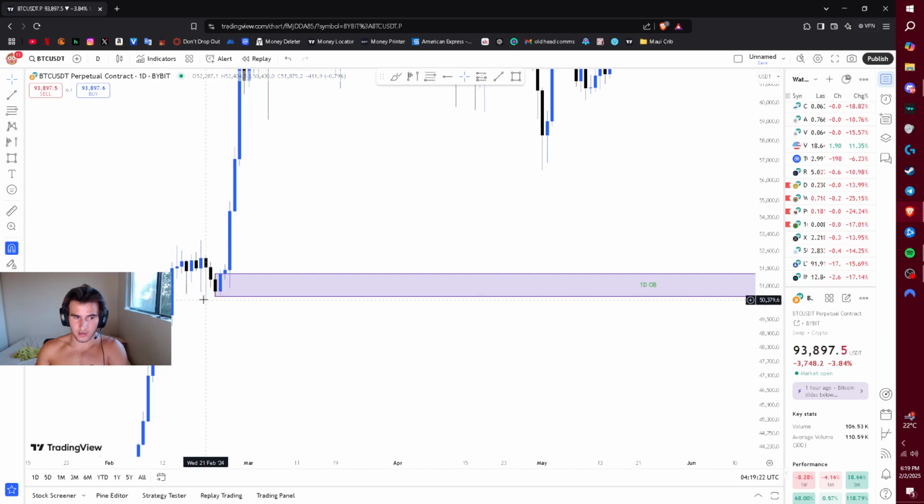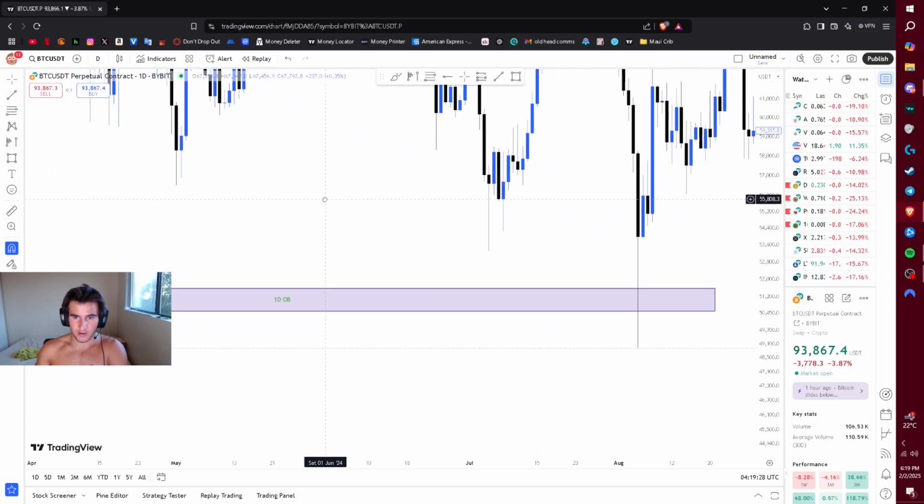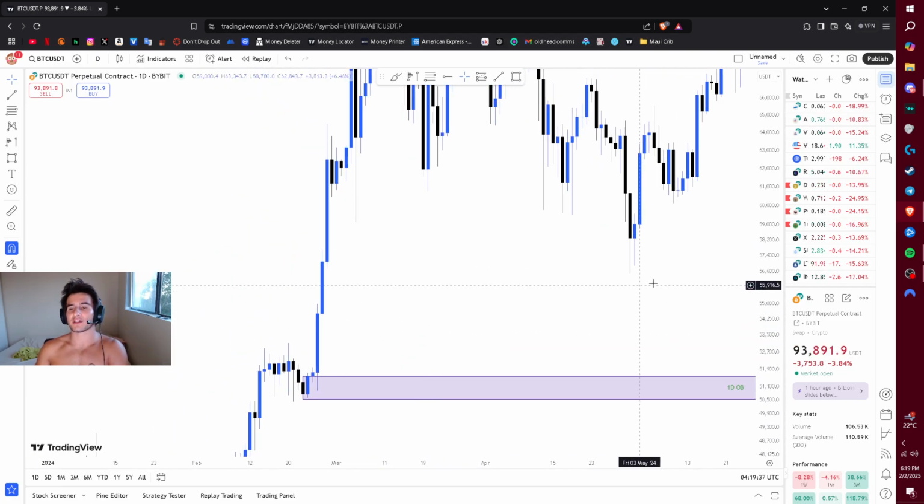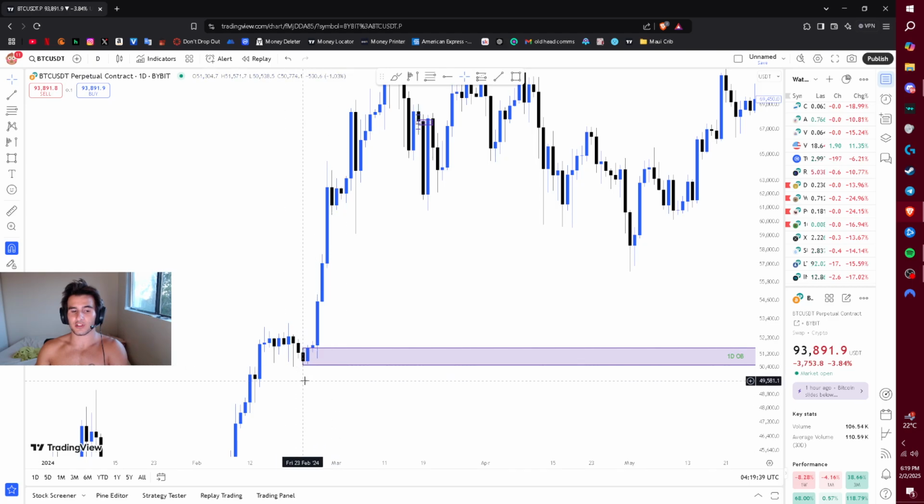You could say right here would be good liquidity, a lot of stop losses probably under here. Same with this after a move up. Think about it: if you were placing a trade here, would you put your stop loss here? If you were buying in up here, would you put your stop loss down here? It's probably a good idea.